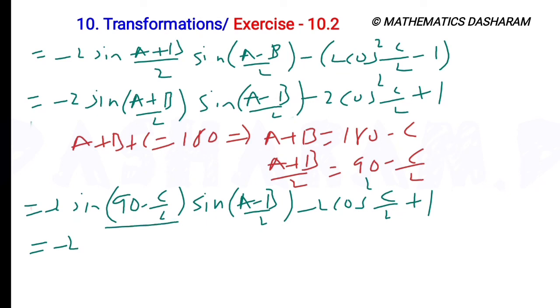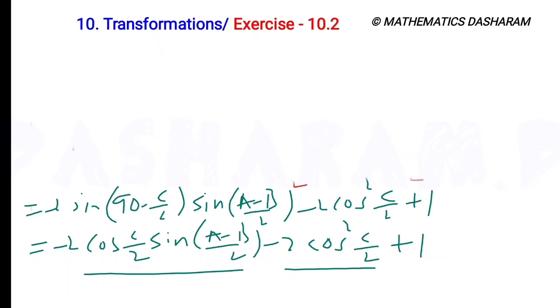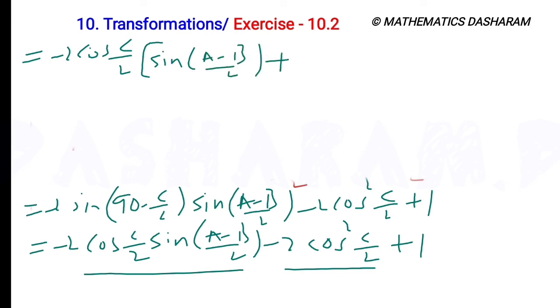Minus 2 sin 90 minus theta is cos theta, so then cos C/2 into sin (A minus B)/2 minus 2 cos square C/2 plus 1. From these two terms we can take 2 cos C/2 common, so minus 2 cos C/2 common, so then sin (A minus B)/2 plus cos C/2, plus 1.